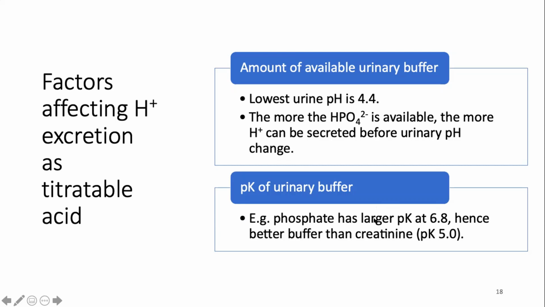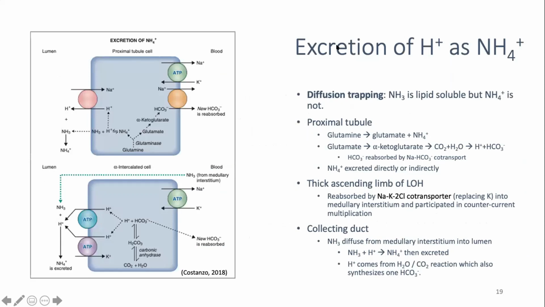All right. Another form of H+ being excreted is as ammonium. To be excreted as ammonium, there is a concept that you need to know, which is called diffusion trapping. Ammonia, NH3, is a weak base.